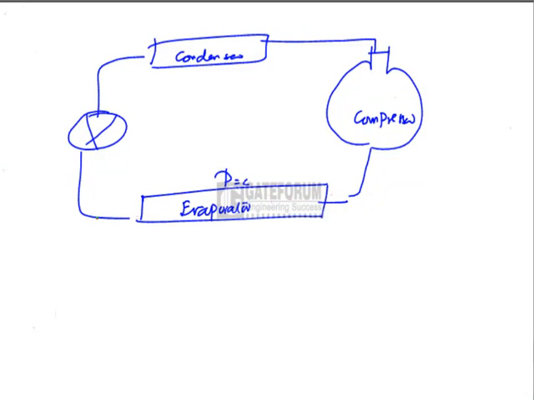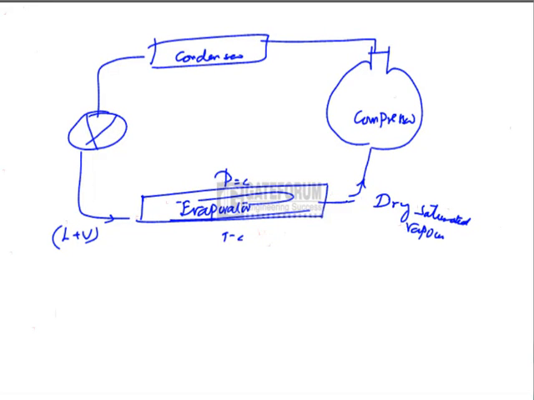It is a constant pressure evaporation of the refrigerant. As the refrigerant is passing through the coil of evaporator, it evaporates at constant pressure and also at constant temperature. The state of the vapor leaving the evaporator is dry saturated vapor.